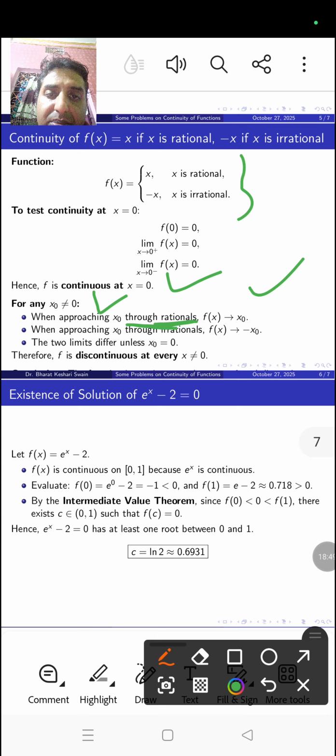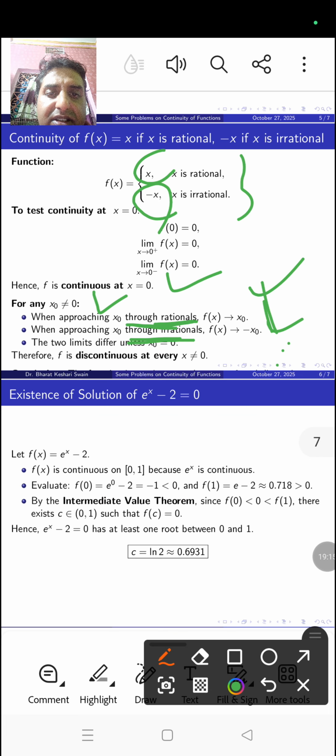And if we approach x0 through irrationals, the value will be minus x0, because x and minus x is there. For x it will be x0, for minus x it will be minus x0. So there are two values, two limits, is it not? Since two limits are there, the limit does not exist.